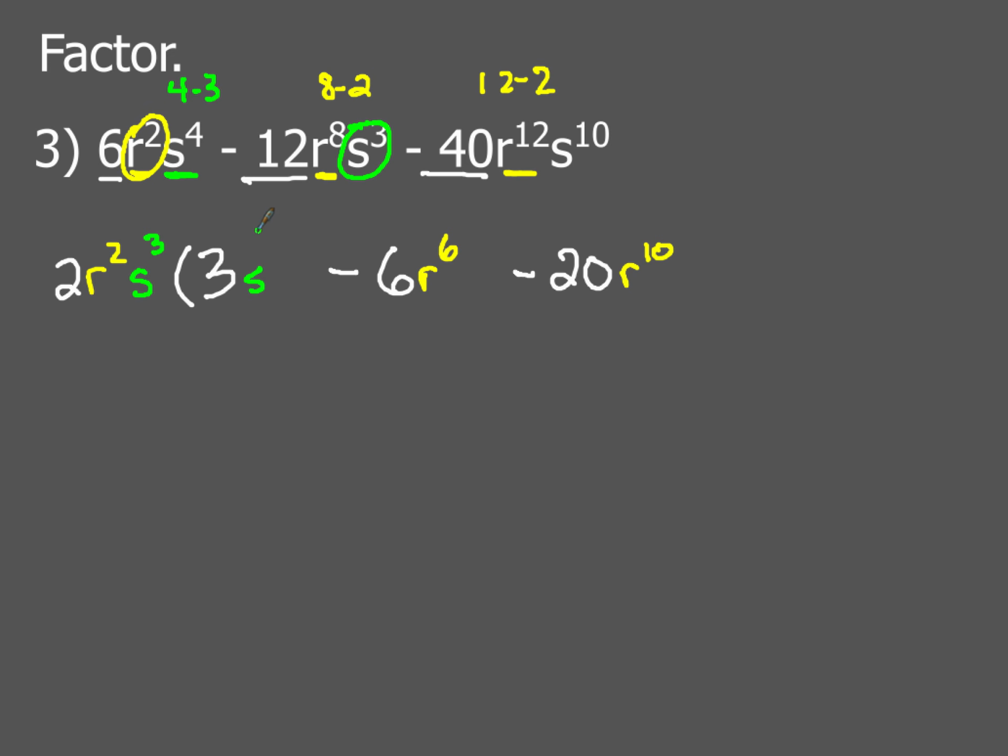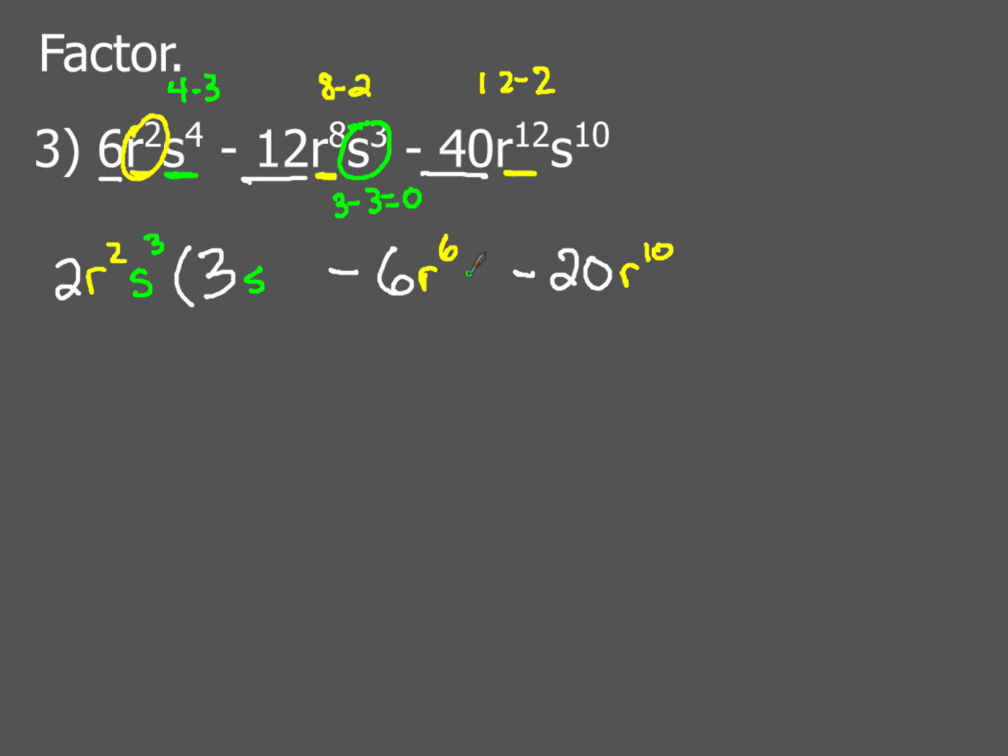Now, in my second term, minus 6r to the 6th, both of my s to the third power and s to the third power are the same, because remember, if you subtract the exponents, 3 minus 3, you get 0, and s to the 0 power is just 1, so I'm not going to have to write any s terms there for that middle one.